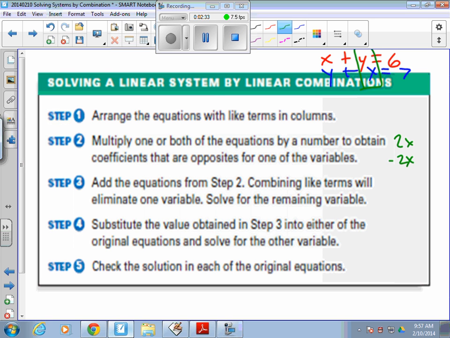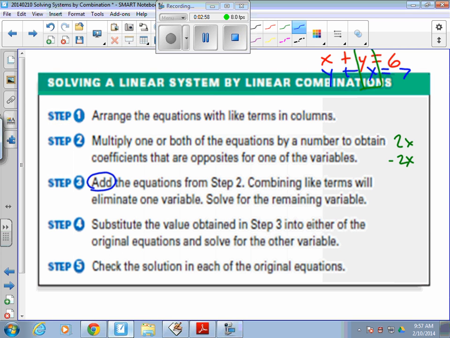Number 3 says add the equations, and again, that's that word right there, add. I would prefer you say combine the equations from step 2, either positive and negative numbers. One has to be positive and the other negative because you have to combine them to eliminate one of the variables. And then once you have one of the variables eliminated, you're going to solve for the remaining variable.